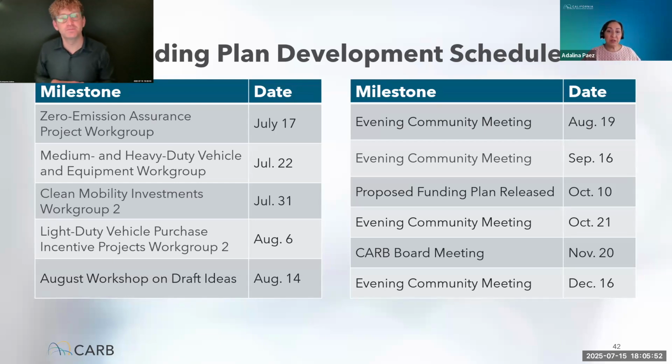We'll have an evening community meeting on October 21st to discuss the proposed plan and answer your questions and listen to your comments. We'll present the proposed funding plan and hear verbal comments at the November 20th board meeting. We encourage you to attend that as well if you can.